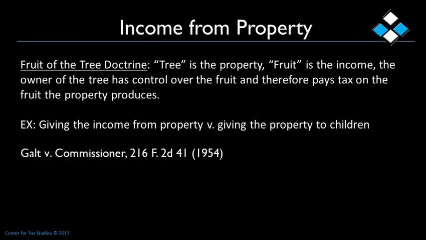Now, how does this apply to property? Well, the fruit of the tree doctrine is then changed to say that the tree is the property and the fruit is the income. The owner of the tree has control over the fruit and therefore pays tax on the fruit the property produces. For example, Mr. Galt in Galt v. Commissioner owned a fairground in Illinois, and he gave each of his 3 sons 1/5 of the rental proceeds for 21 years from the fairgrounds.